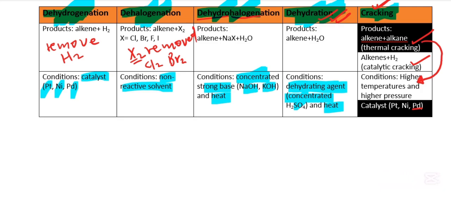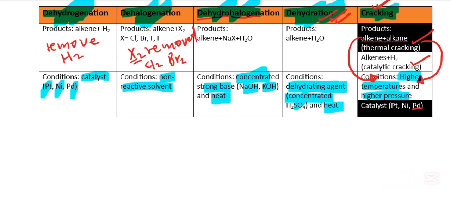For thermal cracking we need higher temperature and higher pressure. Once you see higher temperature, you know that the products that will come out are alkene and alkane. Okay, that is thermal cracking.